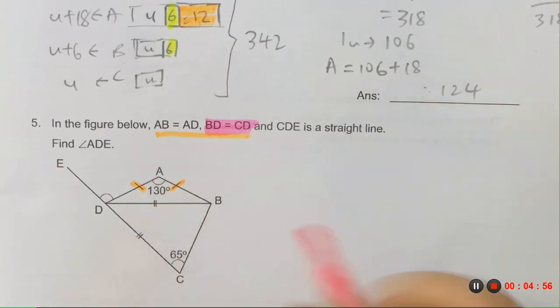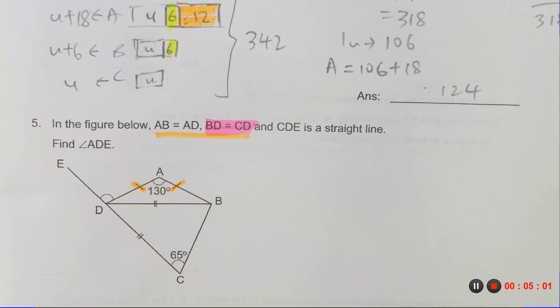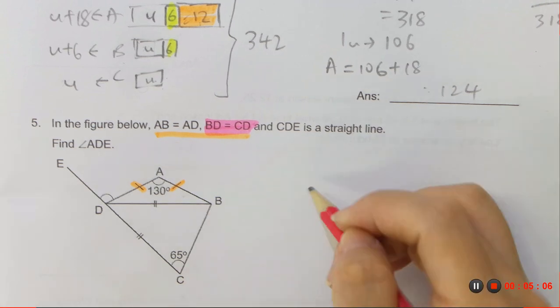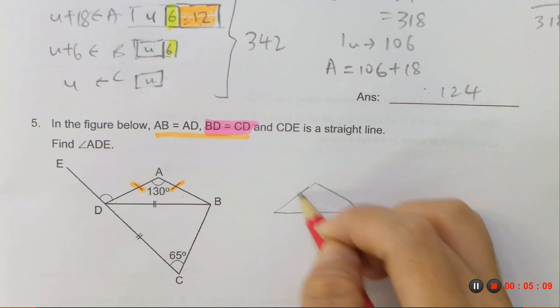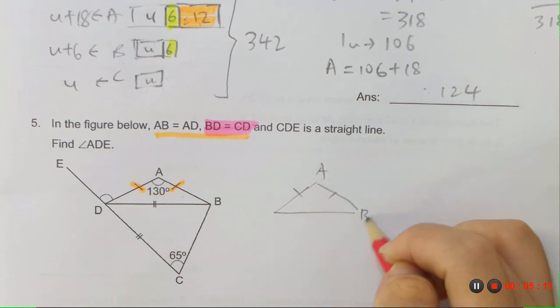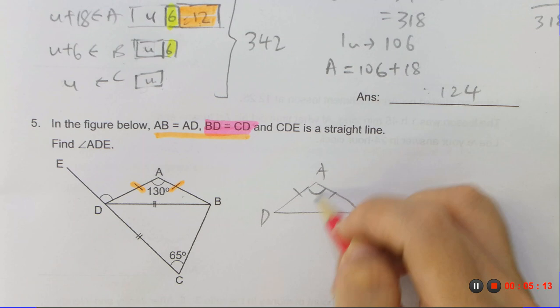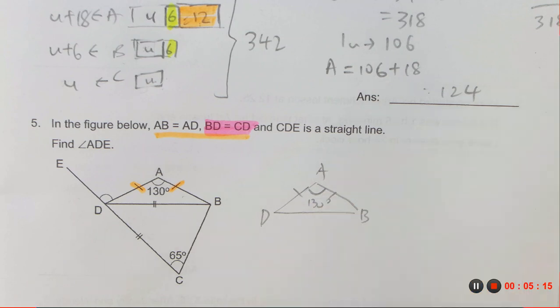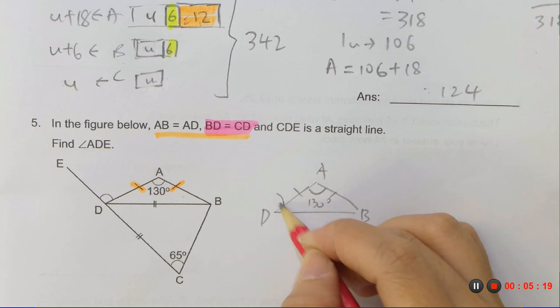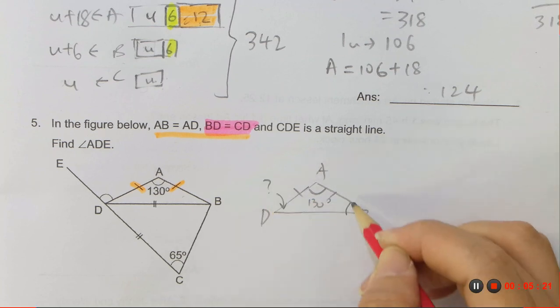So I have the first one, the orange triangle will be what kind of triangle? Isosceles triangle, that's correct. So from this isosceles triangle ABD with a given 130, I can find these two angles. Right?